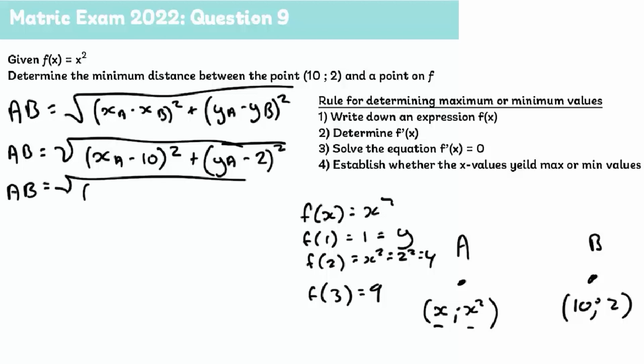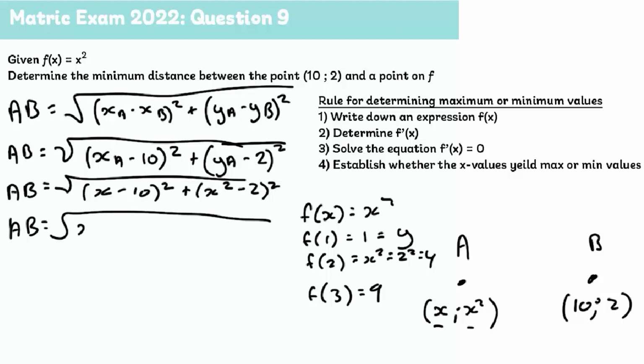So now X of A is x, so (x minus 10) squared, plus Y of A is x squared, minus 2, squared. All we need to do now is multiply this out, under the square root. So that'll be x squared, then it's 10x times 2, so that is minus 20x, plus 100.